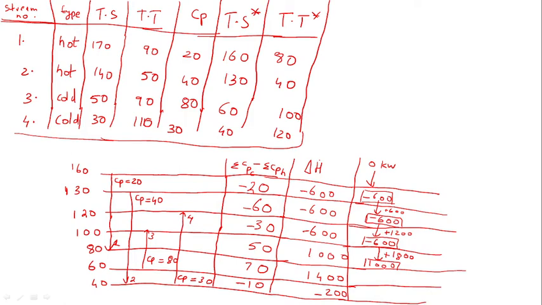So 1800 minus 1000, we need to subtract here because it is positive, so 800 will be released. Next, to the next stream 1400, 800 minus 1400, which is minus 600.